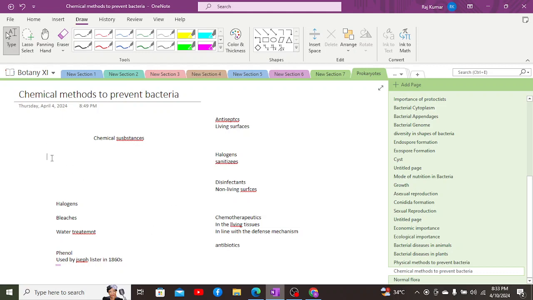After that, we have heavy metals. Some of the heavy metals have the capability to act as antimicrobial substances, such as silver nitrate.